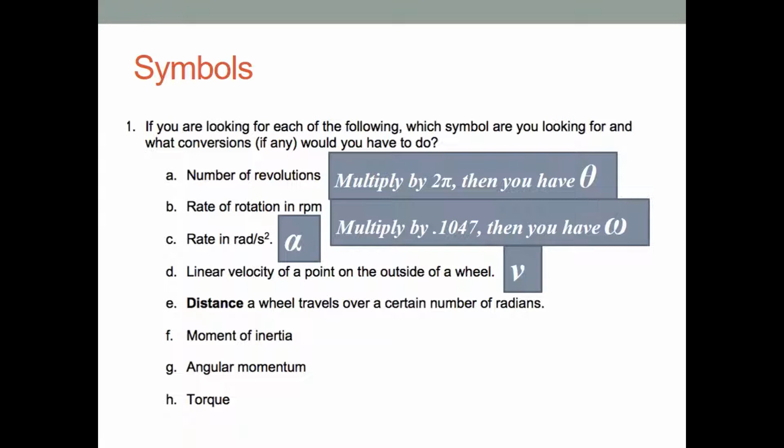Distance a wheel travels over a certain number of radians. Daniel, you got an idea about that one? Yes. Right. Because remember, the distance ends up being the arc length traced out by the wheel.